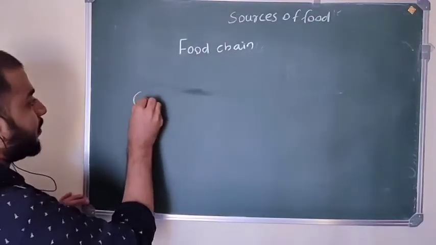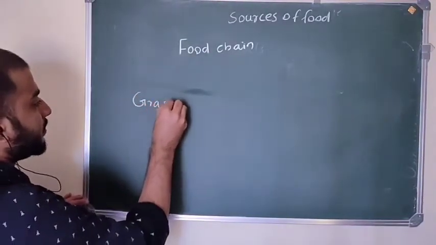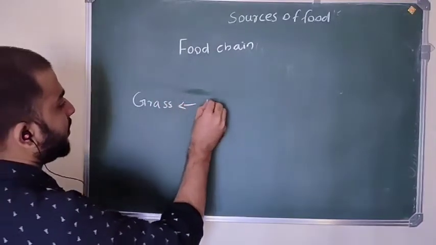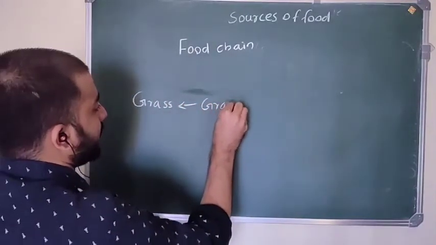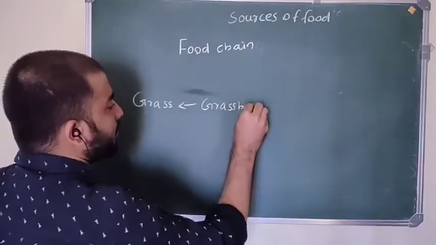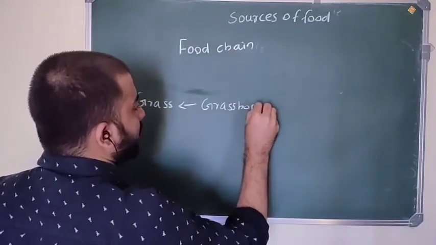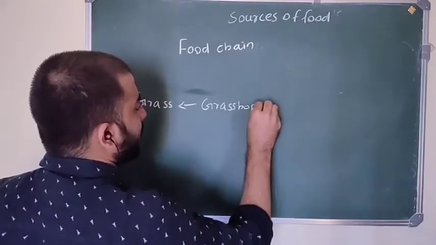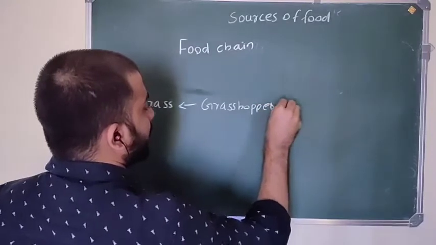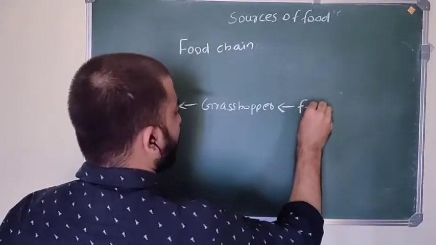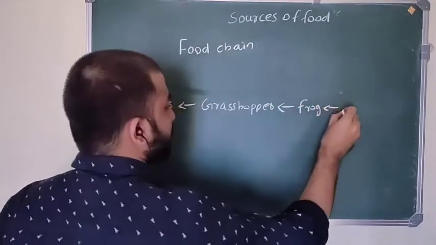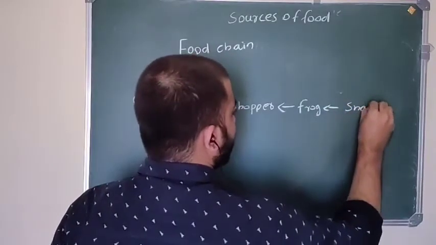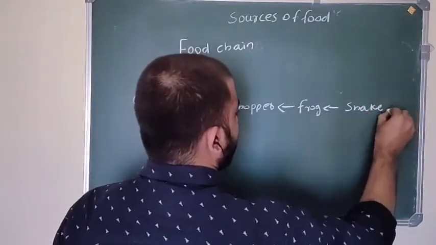So first of all, grass. Who is eating grass? Grasshopper. Then frog. Then snake. Then eagle.